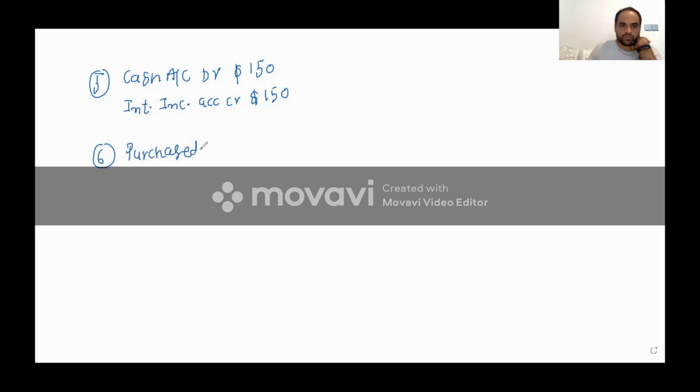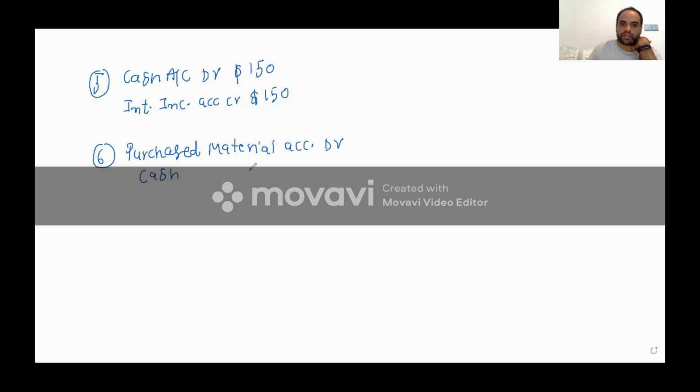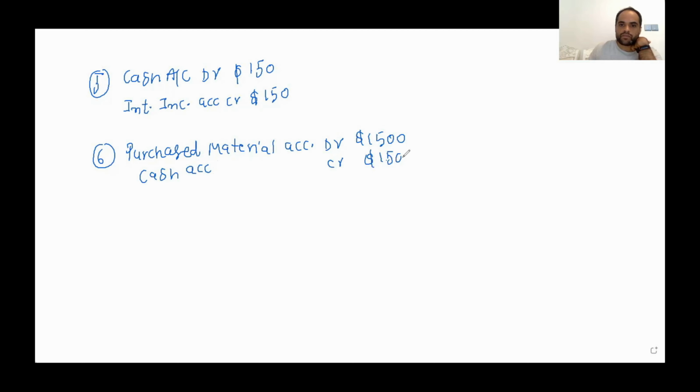Purchase material also okay. Purchase material accounts debit, and cash accounts credit.